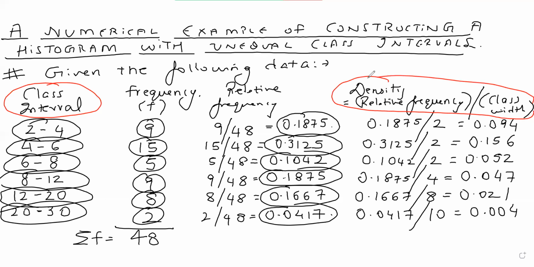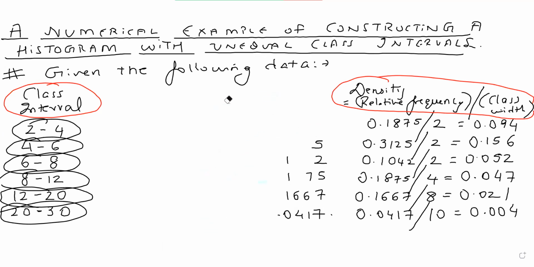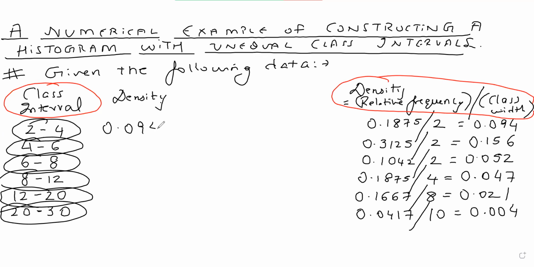So let's do that just for fun. Let me erase. We don't need this now. So I'm erasing this column, and this as well. What I'm doing now is writing the densities here: 0.094, 0.156, 0.052, 0.047, 0.021.